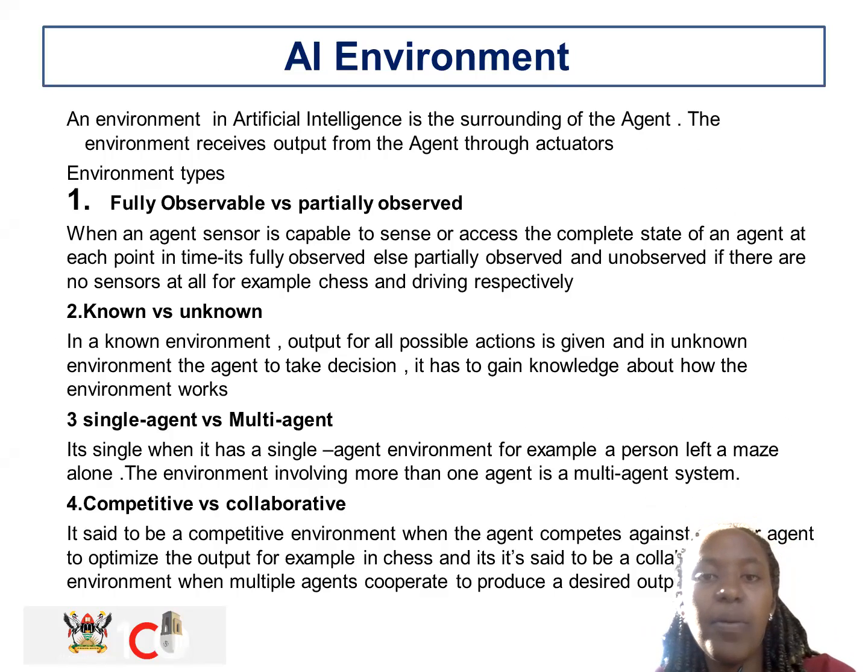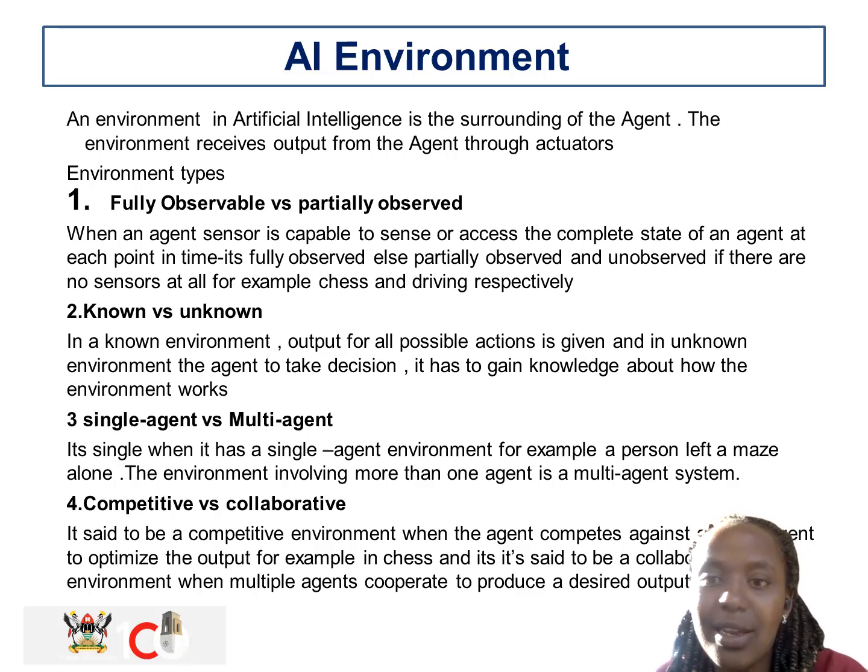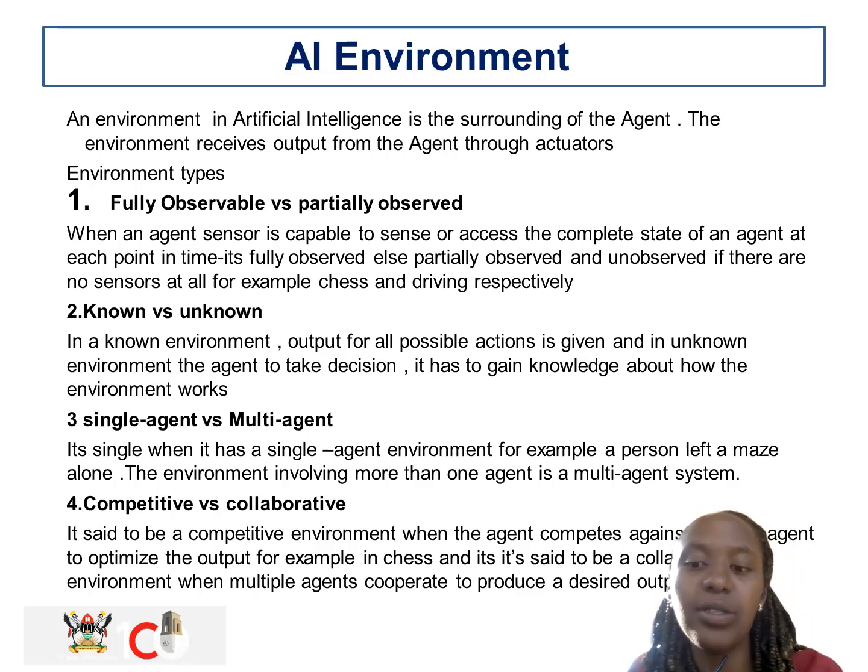Environment, in artificial intelligence, is the surrounding of an agent. It receives output from an agent and does the necessary thing. Fully and partially observed: for example, fully observed, every step has to be known.